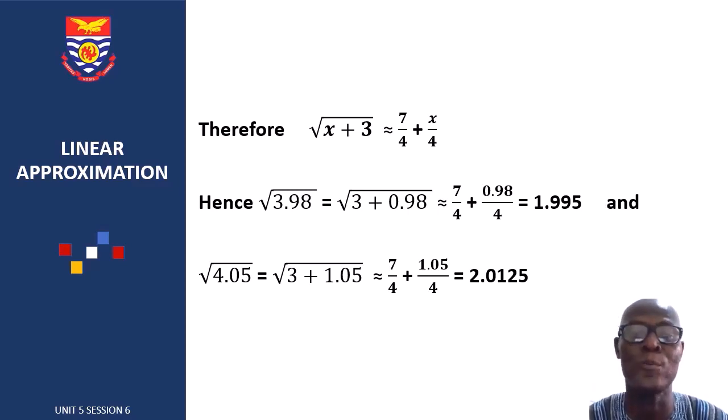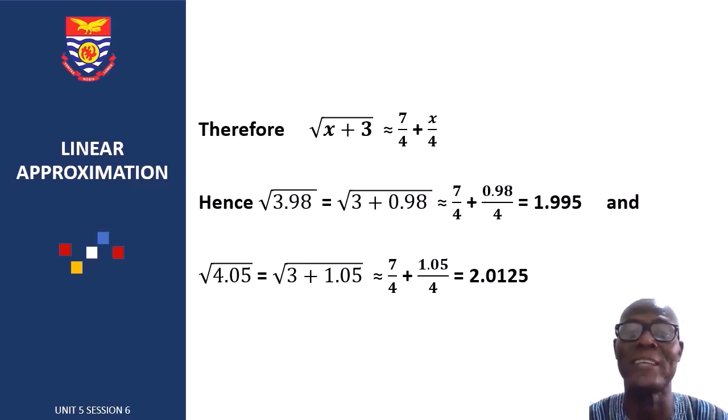And also, for √4.05, we equate 4.05 to x + 3 and solve for x. So solving for x in x + 3 = 4.05 gives x = 1.05.